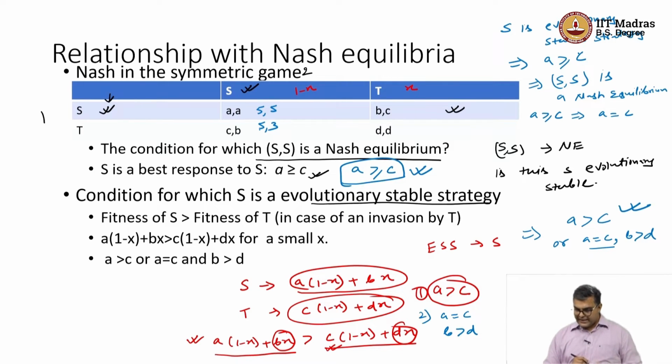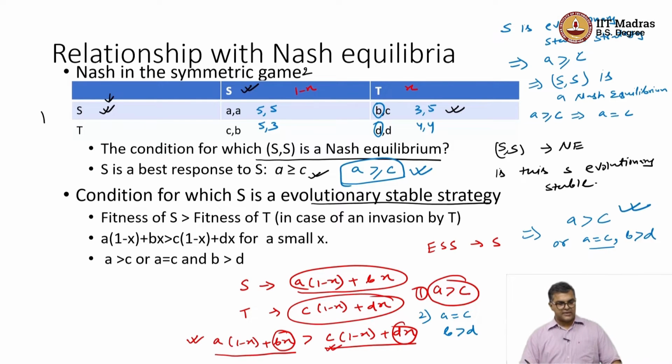But in that case, because Nash equilibrium does not impose any restriction on B and D, we can have 3 comma 5 here and we can have D larger, 4 comma 4. So, of course, in this case S is not going to be evolutionary stable, but nevertheless S comma S is a Nash equilibrium.